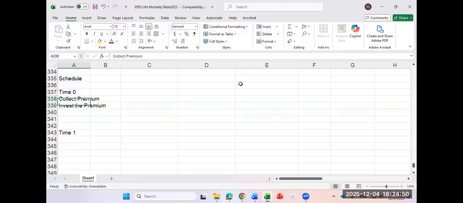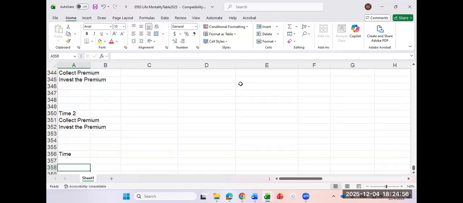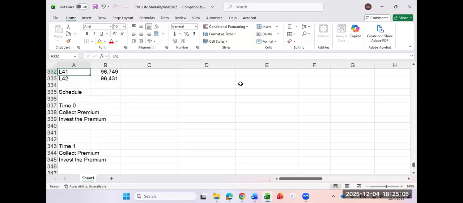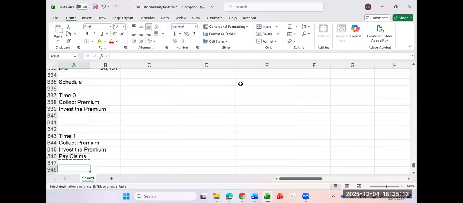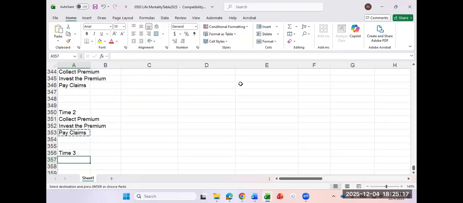That also happens at time 2. It doesn't happen at time 3 because you only collect 3 premiums at time 0, time 1, and time 2. So for the first 3 times you collect the premium and you invest the premium. At time 1, you're going to pay claims. At time 2, you're going to pay claims. And at time 3, you're going to pay claims.